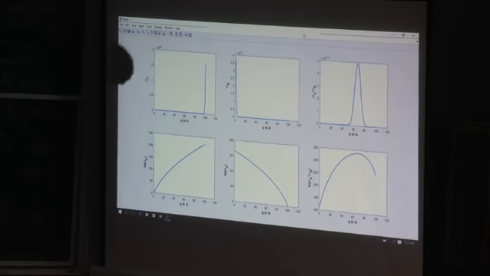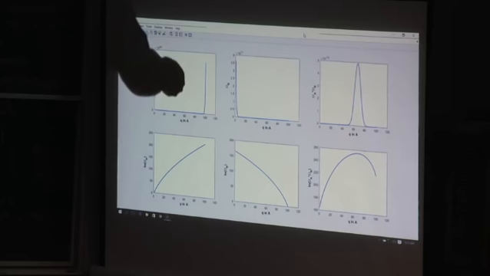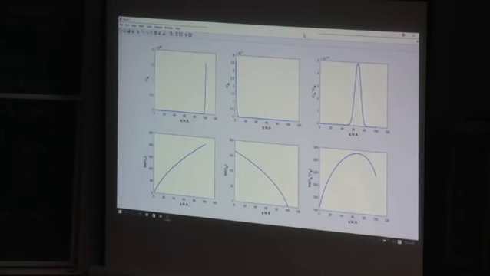So there's a huge peak here, and look at this peak compared to these feeble numbers.